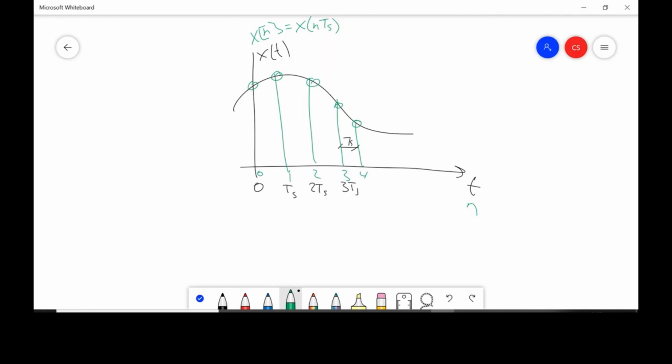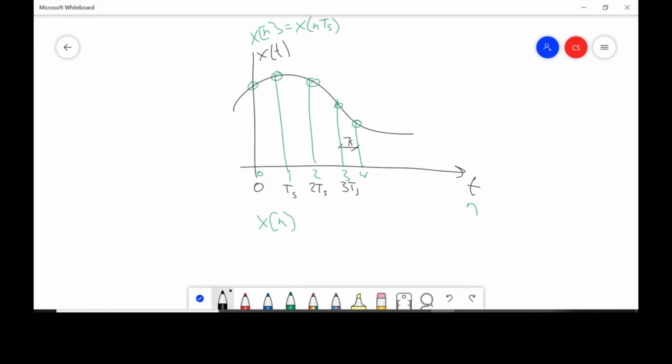Okay, so let's say that we have the samples, and all I have is x of n. This is what I have. I don't have access to the black one. It comes from the black one, but I don't have access to it.